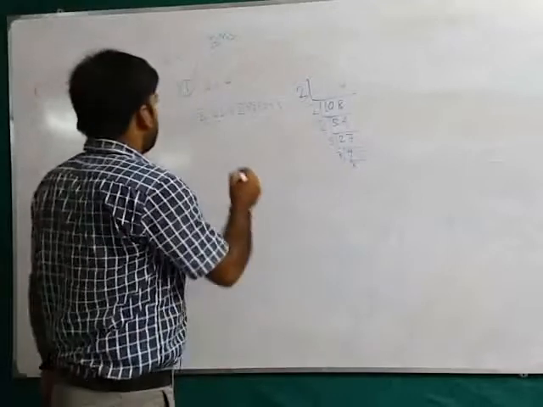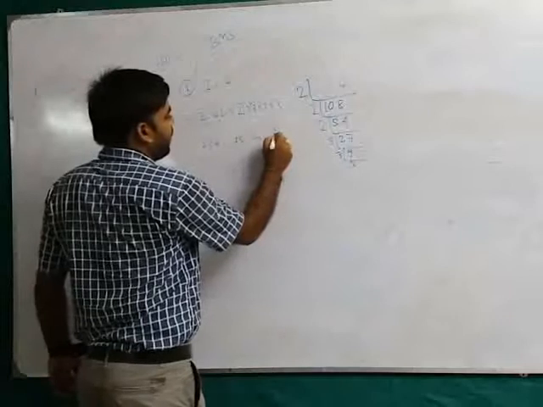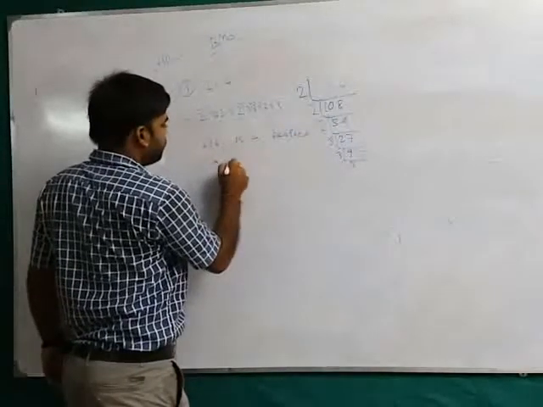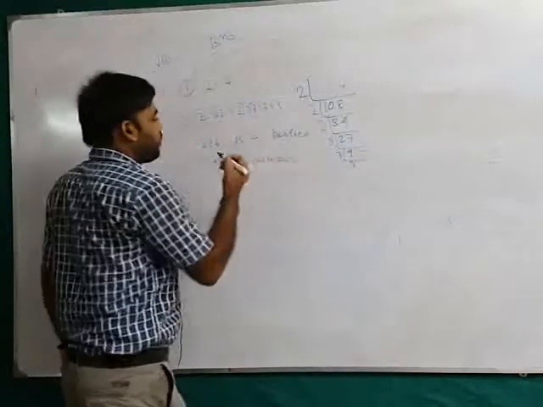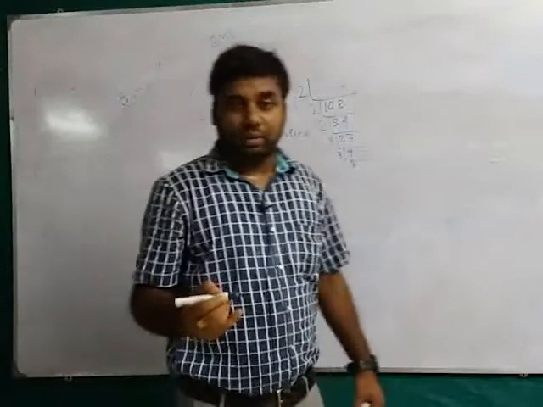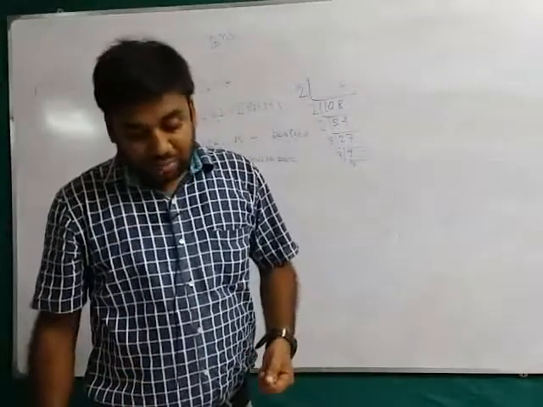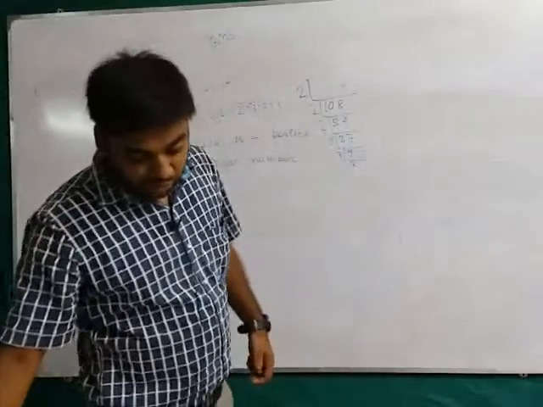That's why 216 is a perfect cube number. If the factors are able to form triplets, then we can say that the number is a perfect cube number.